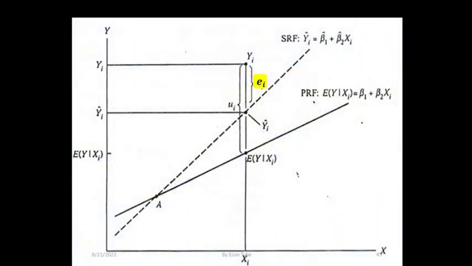There is also another explanation. We go to the above parts: the expected value of y given xi from the population regression function. At this point, this is the new sample regression function, yi hat equals beta 1 hat plus beta 2 hat xi. We sample this population.